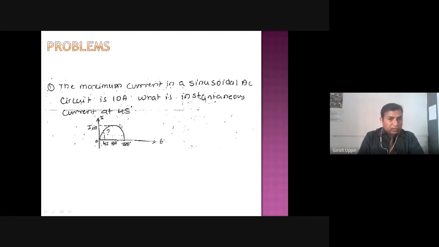So this is the waveform. They have given the 10 amperes. Anybody, what is 10 amperes with respect to the various factors we discussed? Im, very good. So this is Im, and what they are asking is the lowercase i, instantaneous current i, but at angle 45 degrees.